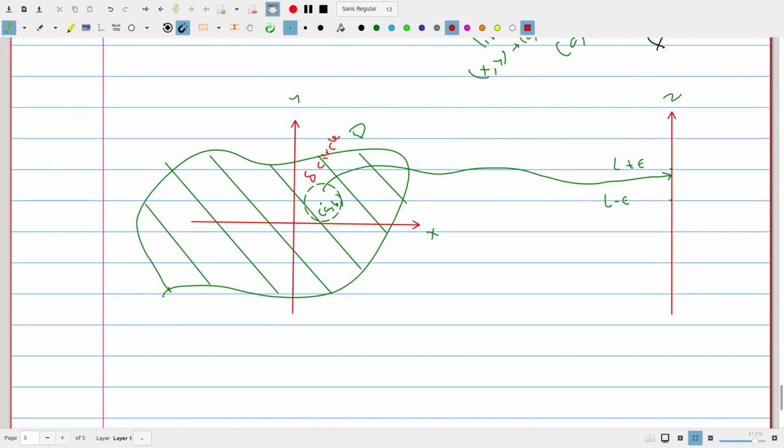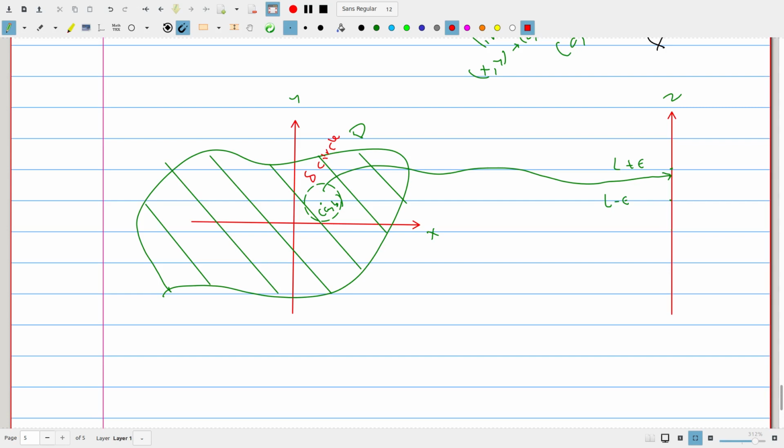Something within the circle has to map onto somewhere in this interval. That's basically what it means. Something within this circle has to map onto somewhere within this interval. That's what the definition is telling you. And it also tells you that I can make this L plus E and L minus E interval as small as I want, but I still have to have something within that circle map onto something within that interval.